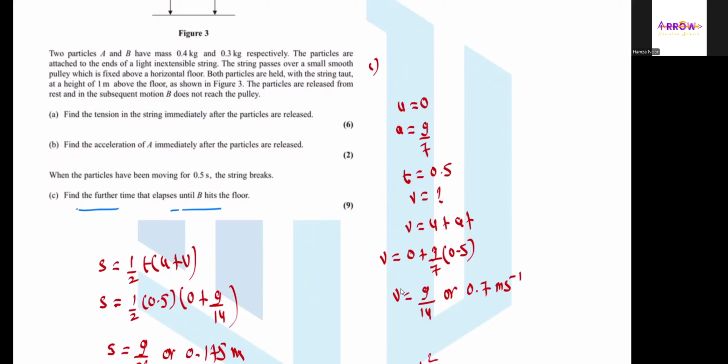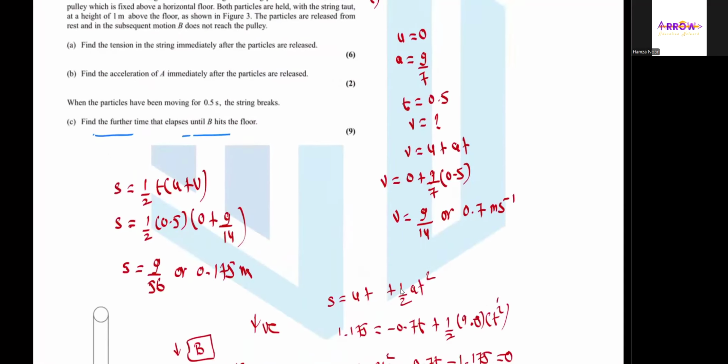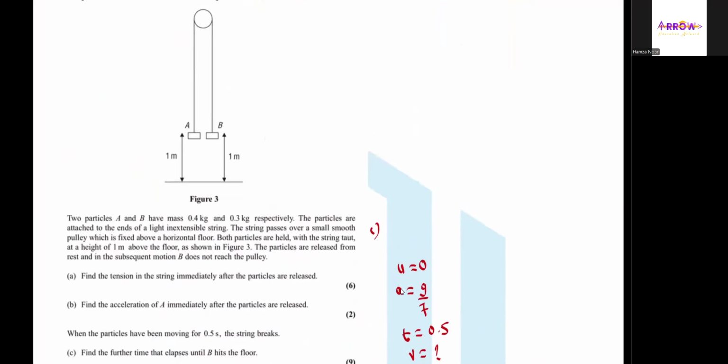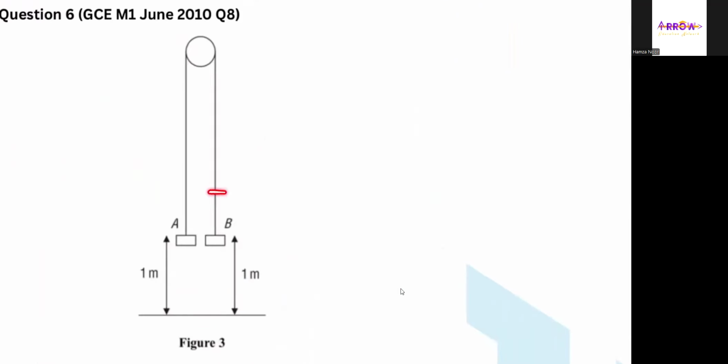And now, I have also found the distance which both particles have covered in the first 0.5 seconds, because we need to see what would be the height above the ground when the string cuts, and what would be the total distance that particle B would cover when it falls on the ground. So I am interested in this distance as well, which is the same distance which particle A travels, and particle B comes over here, after which the string is cut.